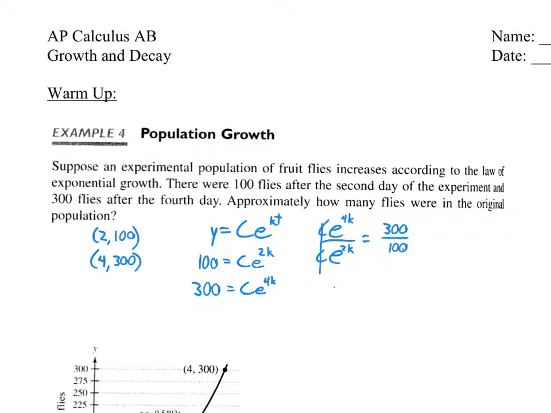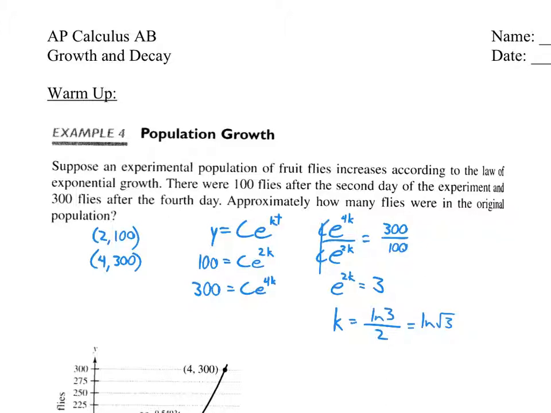So that means e^(2k) equals 3. So what does k equal? Yeah, ln of 3 all divided by 2. Or if you want, you could do ln of radical 3. That's your k.